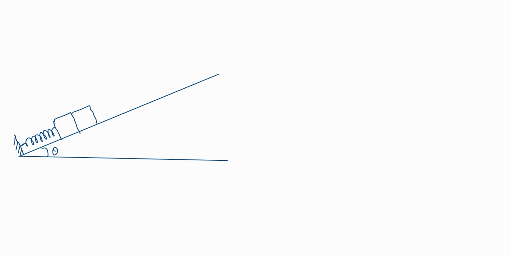So we have m1 and m2 placed like this having spring constant k, and from here the system will return back to its natural length.